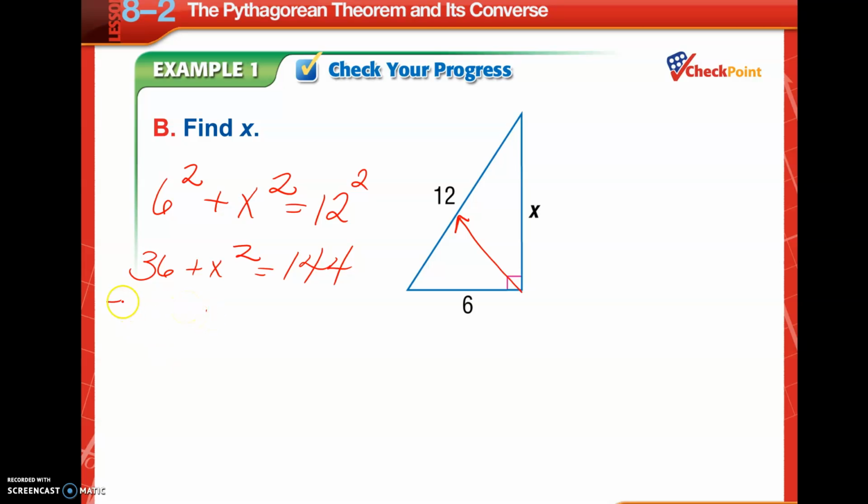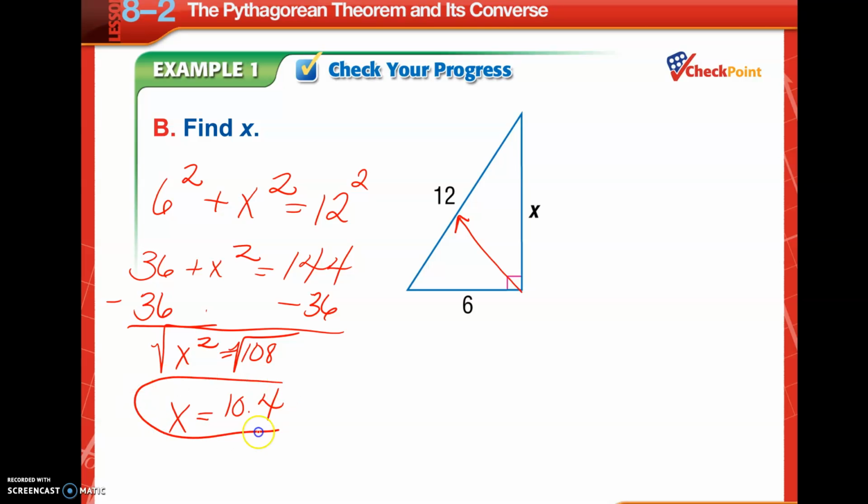Subtract 36 so we can get x by itself. Then you're going to get 108. Square root both sides so we get rid of the squared, and the square root of 108 is 10.4. So x equals 10.4.